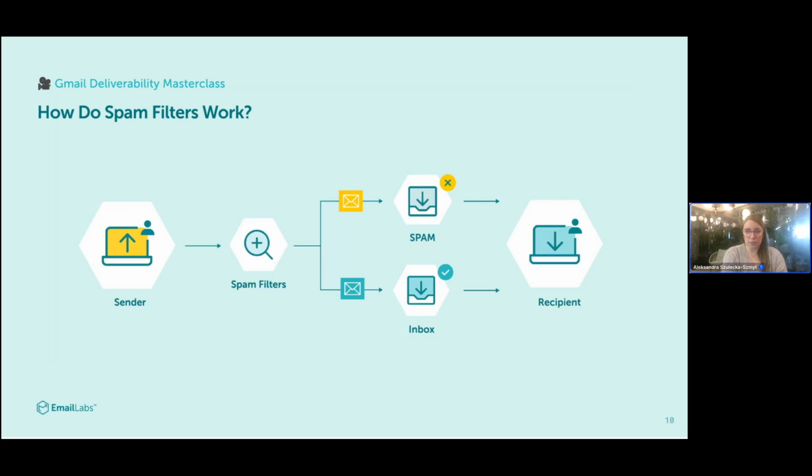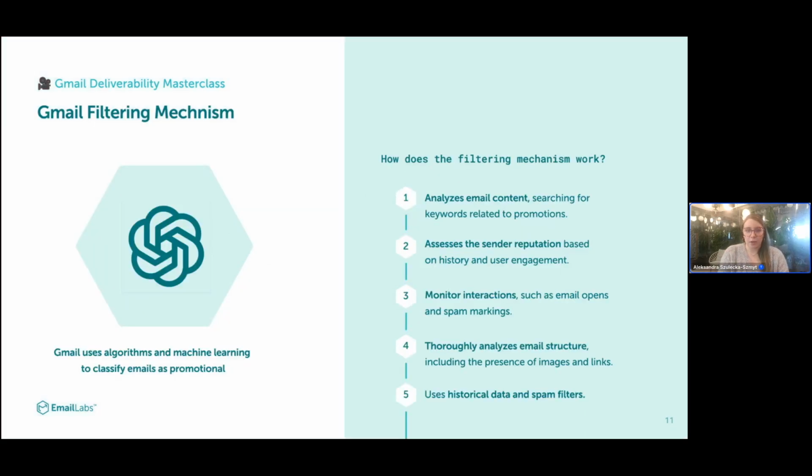Also, the attachments, they scan the emails for malware, but then they also see how the users previously interacted with the emails coming from a certain sender. And based on that, they are placing the email in a tab that they think is correct for them.